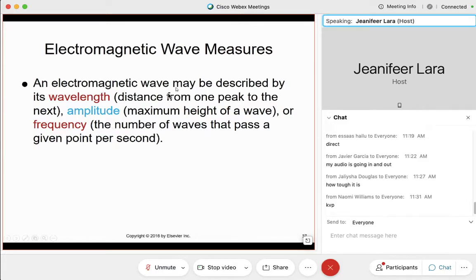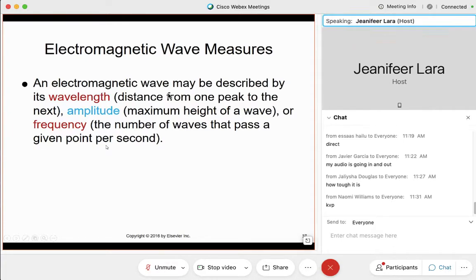The electromagnetic wave may be described by its wavelength. I'm not going to get too much into amplitude right now, but wavelength is the distance from one peak or crest to the next. Frequency means the number of waves that pass a given point per second.